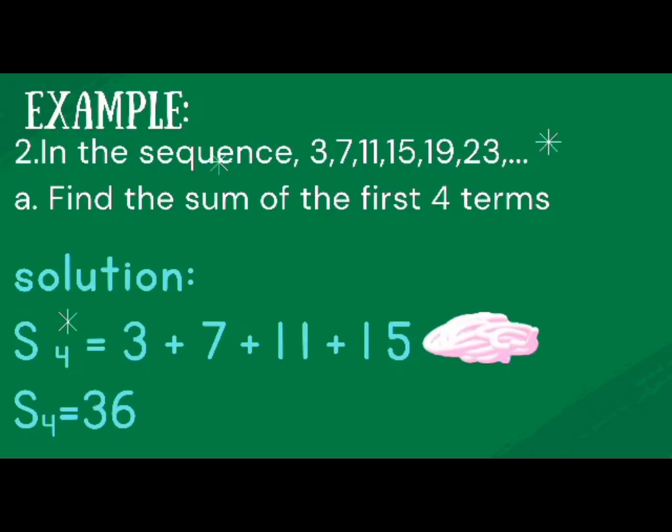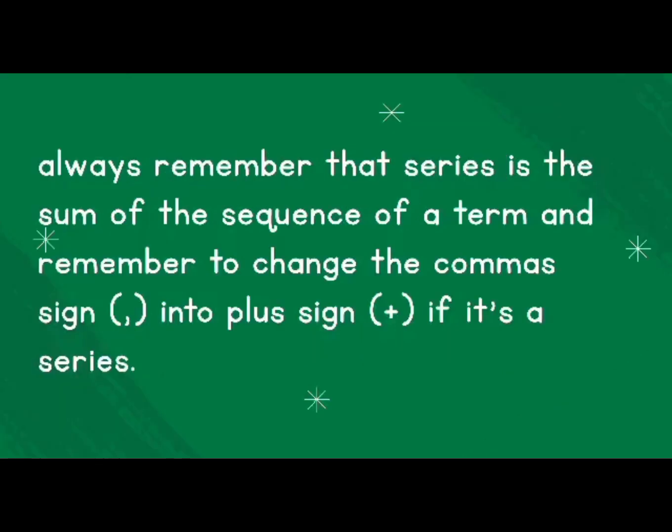So our solution will be S sub 4 is equal to 3 plus 7 plus 11 plus 15. And our S sub 4, or our sum, is equal to 36. And that's all. And always remember that a series is the sum of the terms of a sequence, and remember to change the comma sign into a plus sign if it's a series.